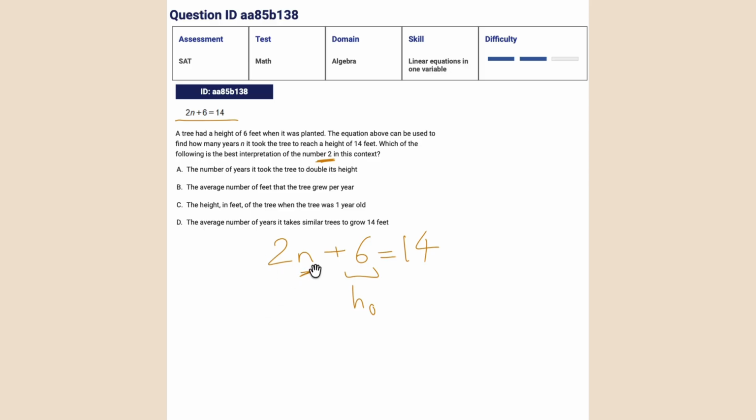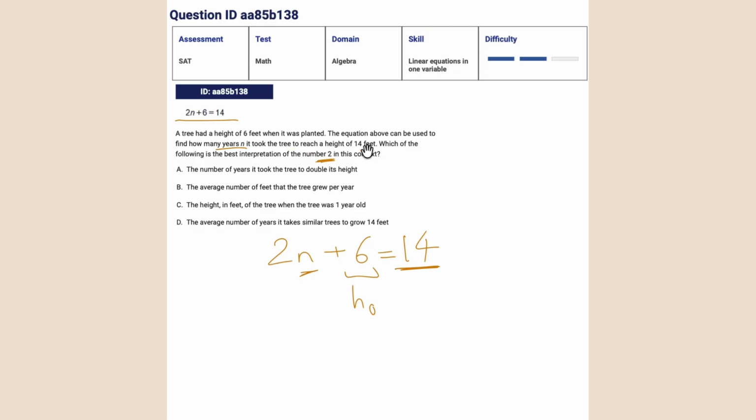Here, n, which is multiplying 2, is the number of years it takes to reach a height of 14 feet. It's because we have 14 attached to this equation. If it was just 2n plus 6, then it would just be the number of years. However, since we have 14 here, it is the number of years it takes the tree to reach a height of 14 feet.